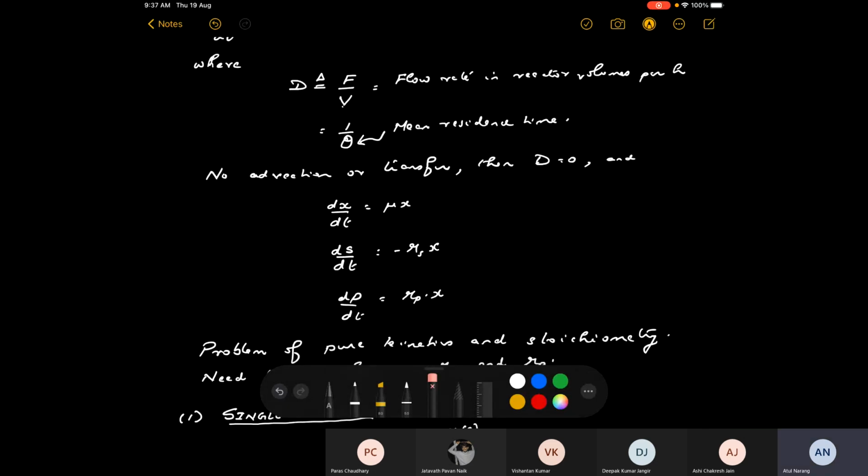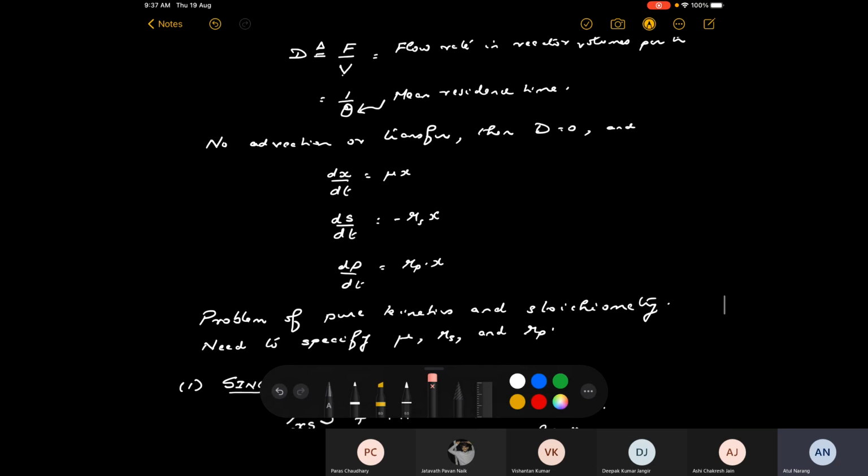So, our starting point is the set of equations shown over here, which are straight out of mass balances, describing the evolution of biomass, substrate, and the product in a shake flask, in a well agitated shake flask, or in a batch reactor.